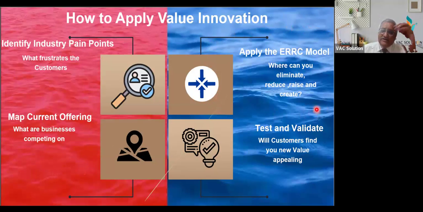This applies for your career as well as for your business. What is it I can totally eliminate? What is overburdening which I can reduce? What can be improved which will be very much appreciated by the customer? What is it that I need to create extra so that they can see again? That ERRC model you apply, then test and validate it. That is the future. Is it clear, friends?